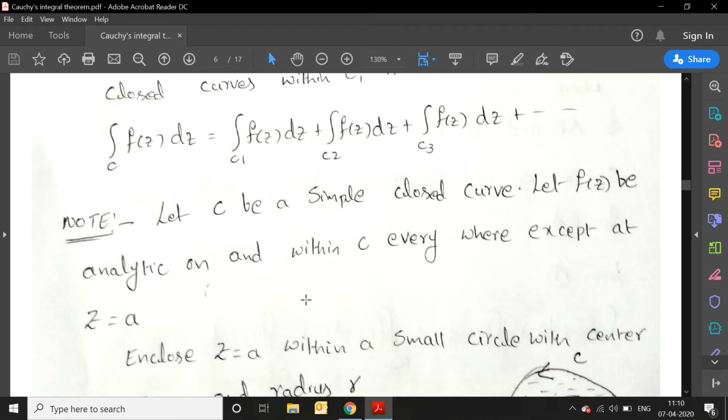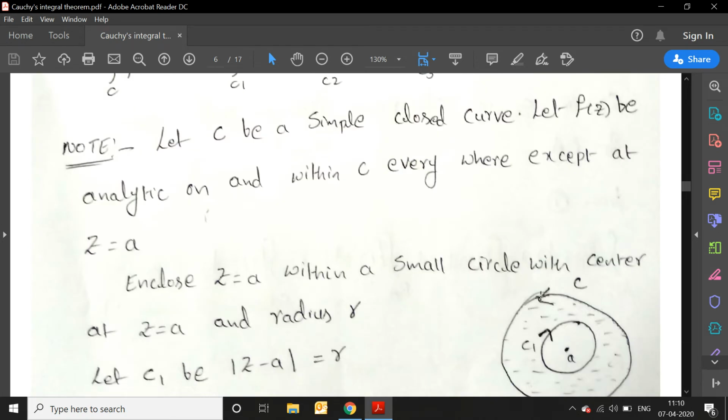Now first we have to take one curve C, that is a simple closed curve. It is analytic everywhere except at z is equal to a, meaning the center of the region is a. Enclose z is equal to a within a small circle with center at z is equal to a and radius r.